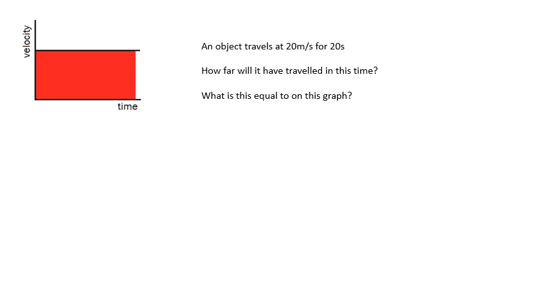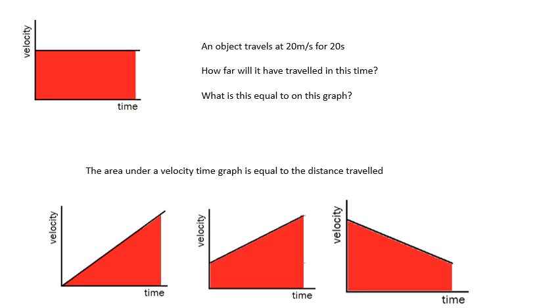That is the area of that rectangle. The distance traveled is equal to the area under the graph. In this case, it's a rectangle. It doesn't have to be a rectangle though, and the area under the graph is equal to the distance traveled.